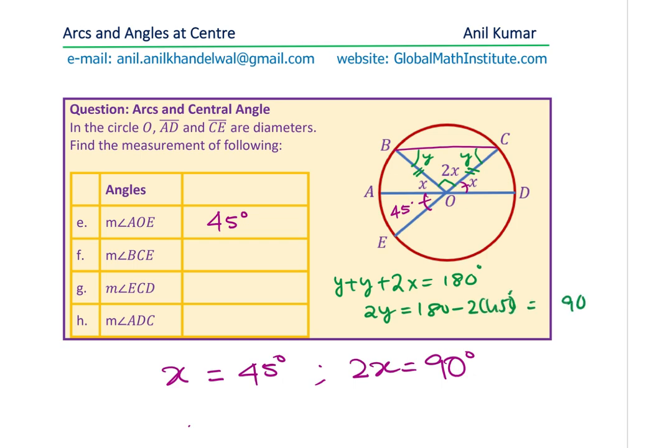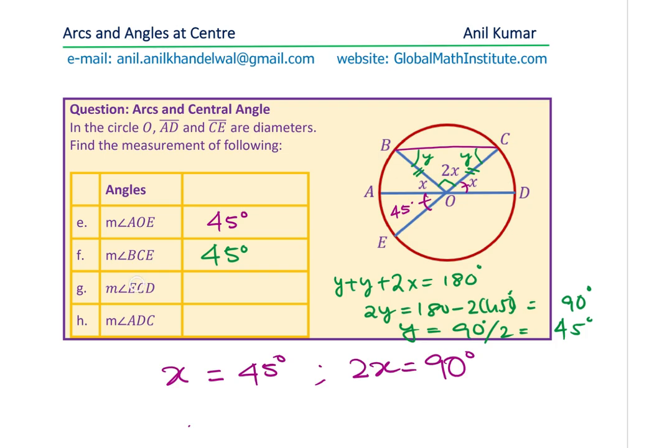And therefore, y is equal to 90 degrees by 2, which is 45 degrees. So measurement of angle BCE is 45 degrees. Is that clear to you? Very typical, good example. We have to work it out.